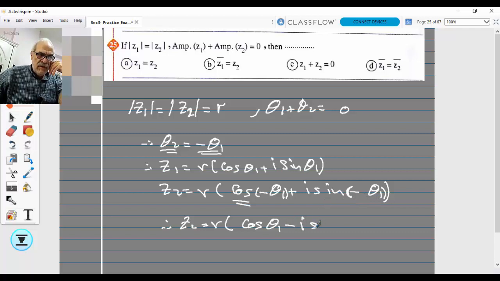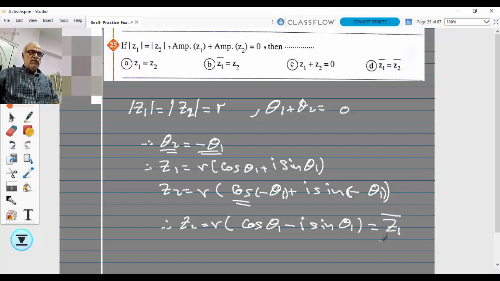So Z2 equals R (cosine theta 1 minus i sine theta 1). So Z2 equals Z1 bar, the conjugate of Z1. Here the answer is letter B.